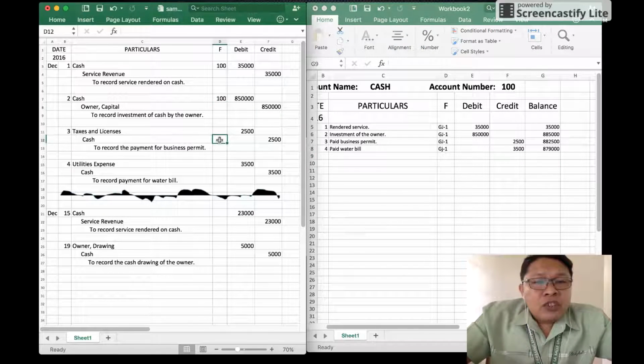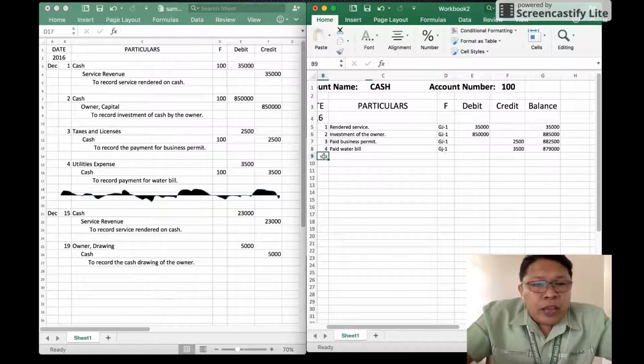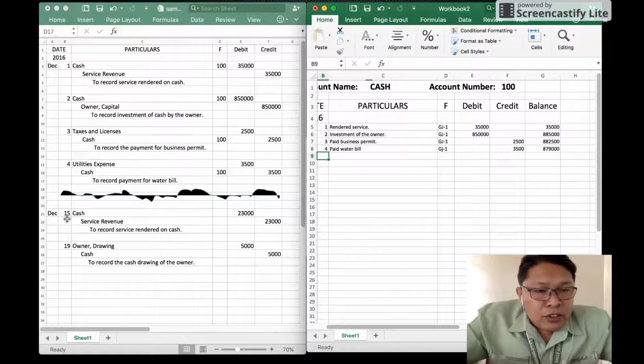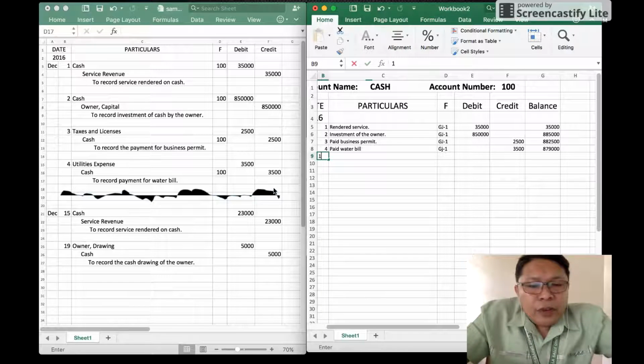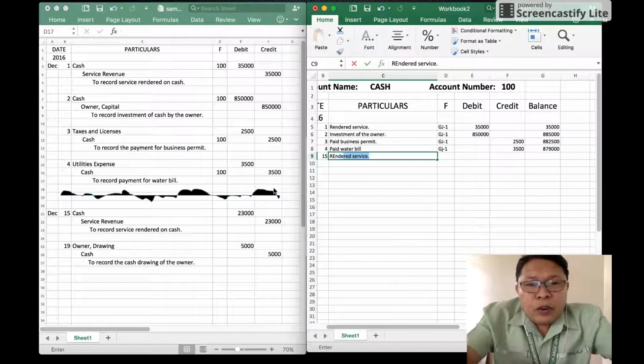This cash is already posted, so therefore we have to write 100. This is another posted, we have to write 100. Remember that when we are already done with the first page, we now continue with the record for cash. Let us say in this example, the next appearance is on December 15, and if it happens on December 15, therefore, we write the date December 15. We received an amount of cash because we rendered service, and therefore, we have to write rendered service.